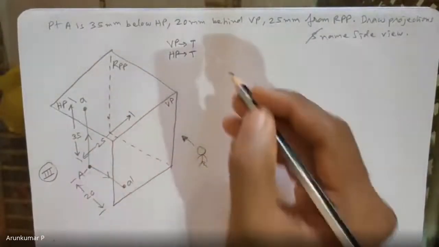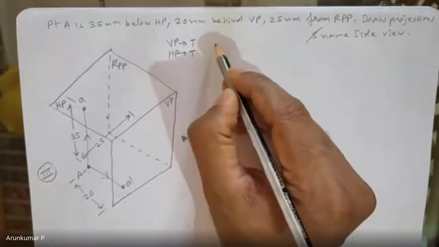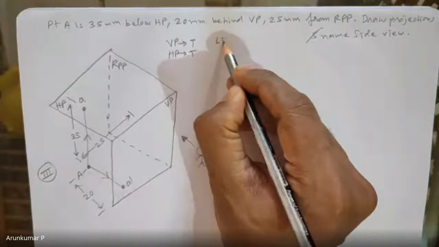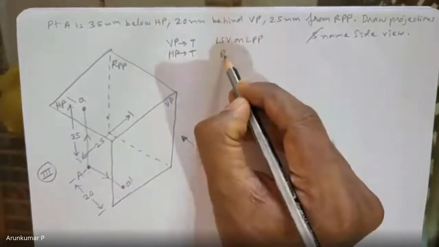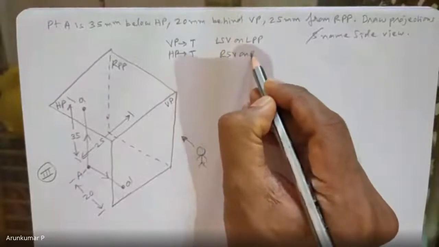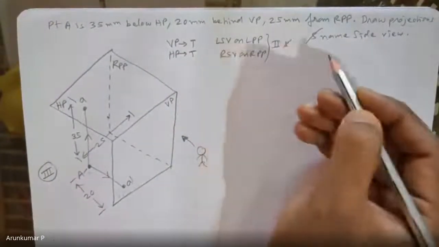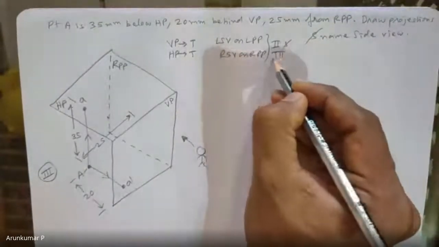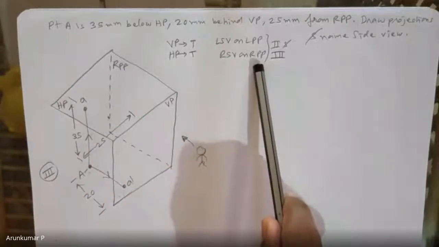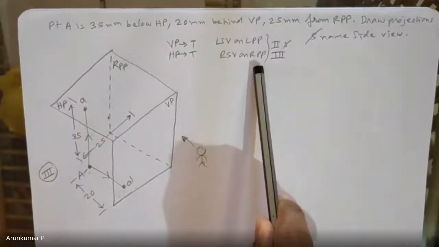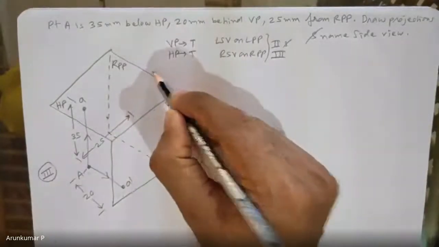Now, we know that in the second and the third quadrant, you will be getting the left side view on LPP and right side view on RPP. We are in the third quadrant and we have RPP, so you are going to get the right side view. That means you should look from the right side.